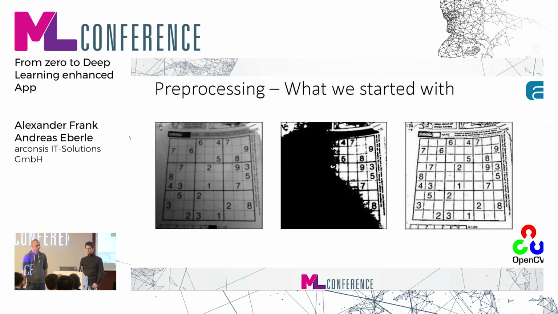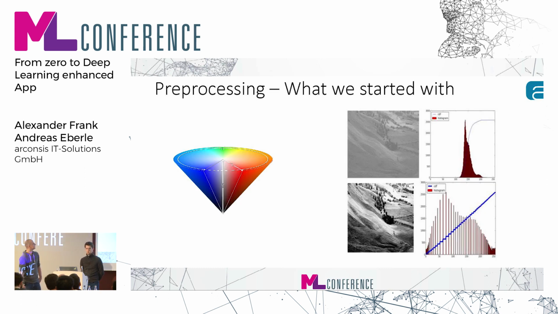Mm-hmm. So next thing you can try is to go to a different color space. You can maybe get something out of that instead of just using the normal RGB.